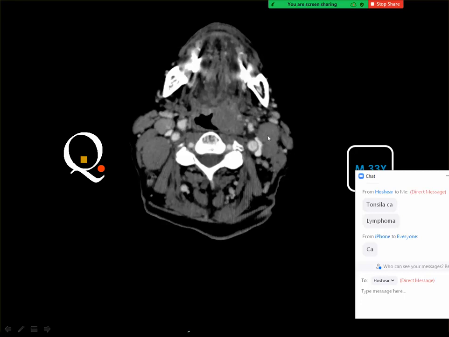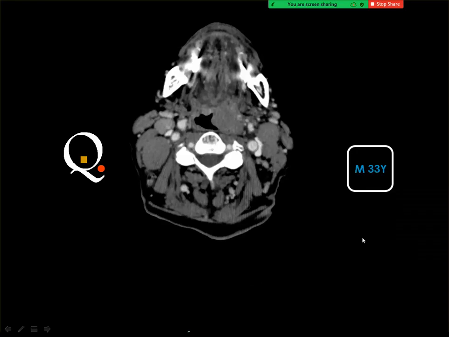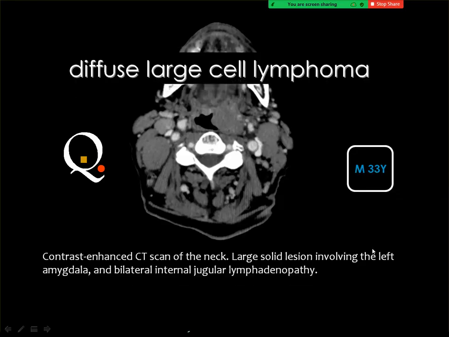And if you look at the nodes in the neck, they are bulky and homogeneous. Also, you should say that this is carcinoma with metastatic nodes because nodes of the pharyngeal primaries may be bulky and homogeneous. Then, whenever you are asked about the differential diagnosis, you should say lymphoma and metastasis.